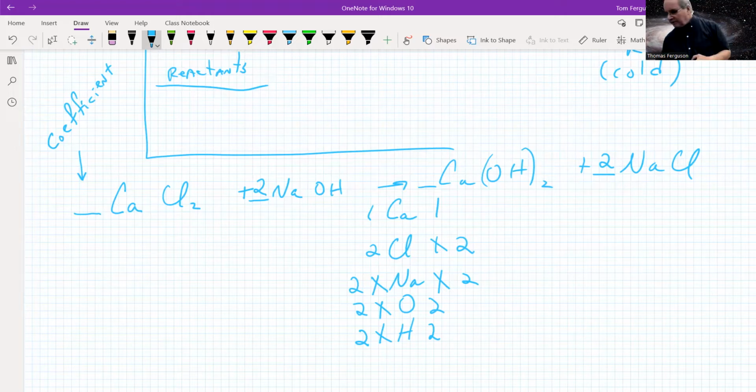And you can put a 1 here if you want. That's perfectly fine. So this is the deal. His first guess was putting a 2 in front of the sodium chloride. The check part is doing the inventory.